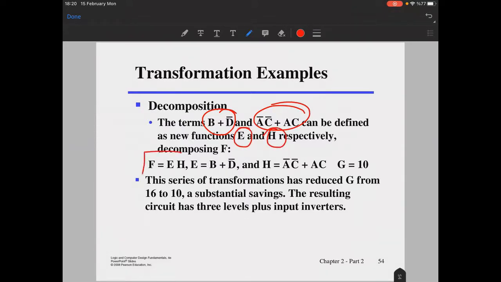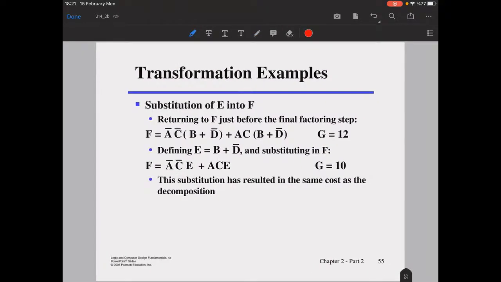Like so, you can represent f like this, e is b and this, and the cost will be the same. This procedure is called decomposition, defining some blocks within a Boolean expression.